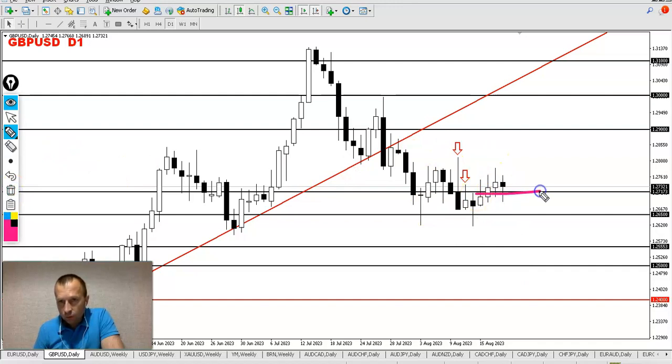So support is here 1.27, resistance 1.29, and a lot of support below as well, but as just discussed, potential 500 pips to the downside.